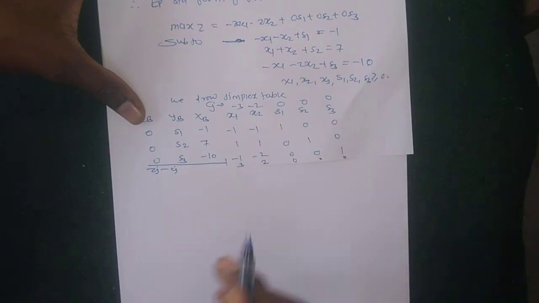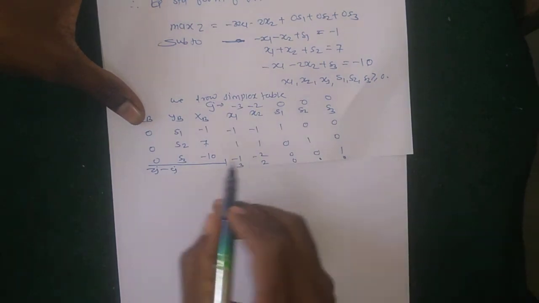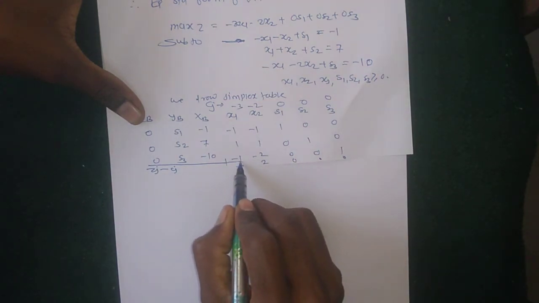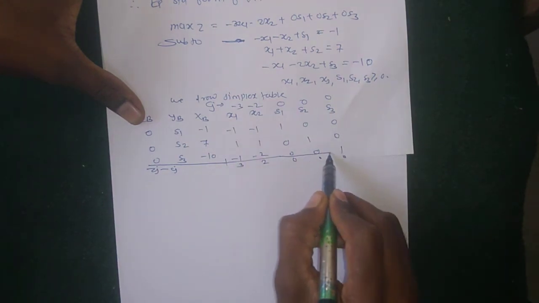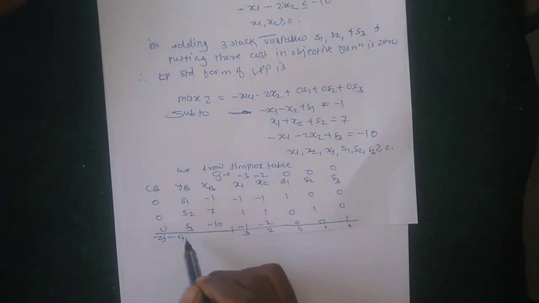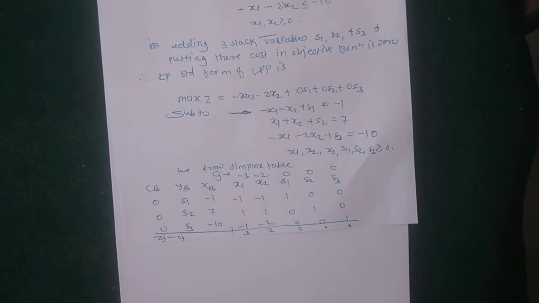So how to choose the pivot column here? All zj minus cj are greater equal 0, and the values of the basic variables are negative.